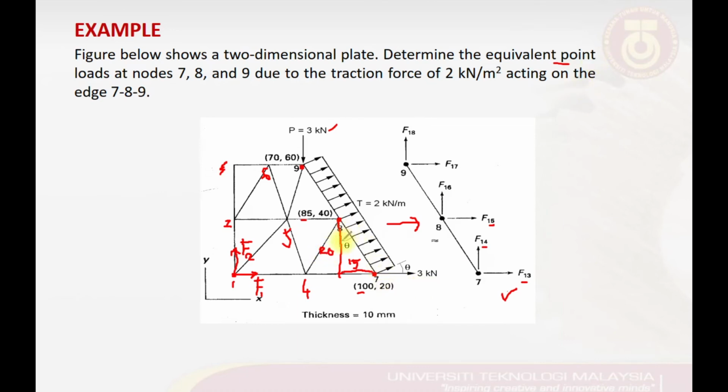So with the horizontal and vertical distances, we can use this information to determine the angle theta for edge number 7 and 8.